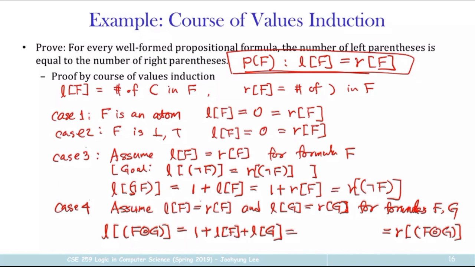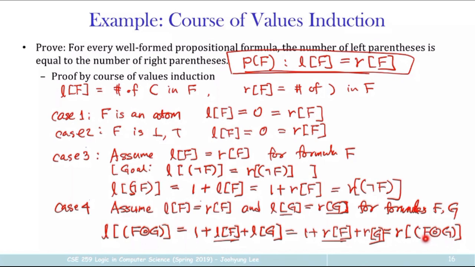Okay, now you know the trick. L of F is equal to R of F, so instead of L of F, I can write R of F. And I also know that L of G equals R of G, so I can write R of G. But then if you look at this number, this is exactly the number of right parentheses in here.